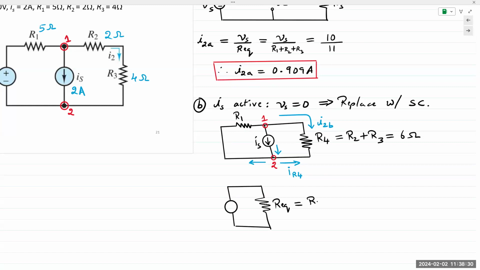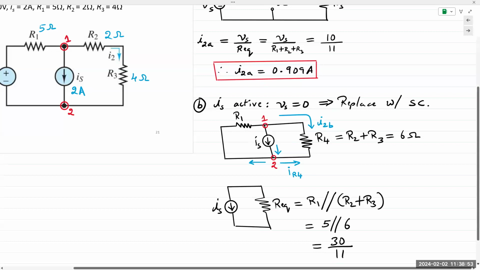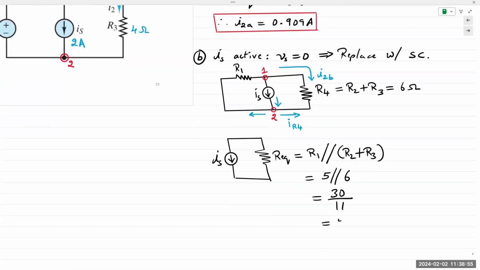REQ in this case is R1 in parallel with R2 plus R3, which is R4. Is 5 in parallel with 6. 2 resistors in parallel. 5 times 6, 30 divided by 11. This comes out to be 2.73 ohms.